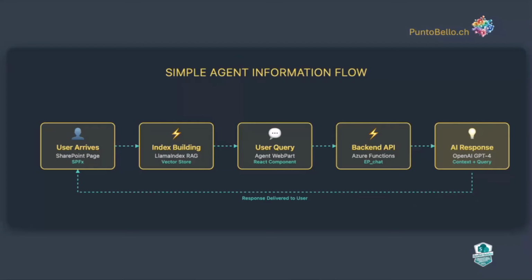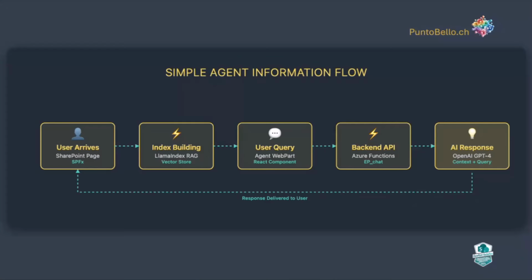Then when the user arrives on the page, it first hits the backend, the Azure function, one specific endpoint, and we check if the semantic indexing has been done for this configuration. This means that the index is private and different for every page and every user, and that's how we solved the permission problem, because it only gathers the files which the user has permission for.